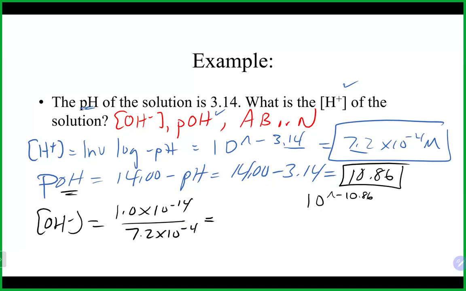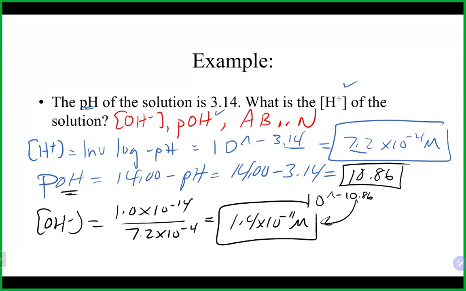They both really should give you the same answer, maybe slightly different depending if you round it a little bit, but essentially the same number, which in this case should be something like 1.4 times 10 to the minus 11 molar. And once again, you could get that way or that way in that case. Here we do want to look at the pH, which again is 3.14, so that's going to be less than 7, and that's going to be acidic. Any questions on any of those there?